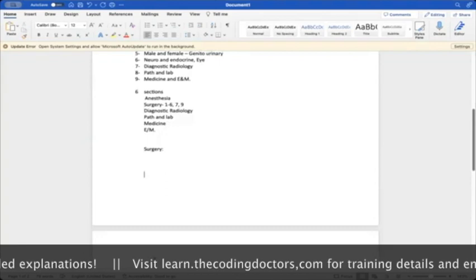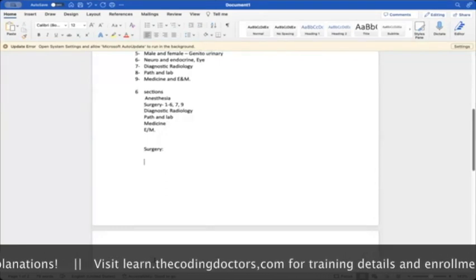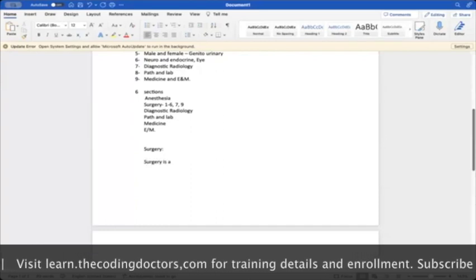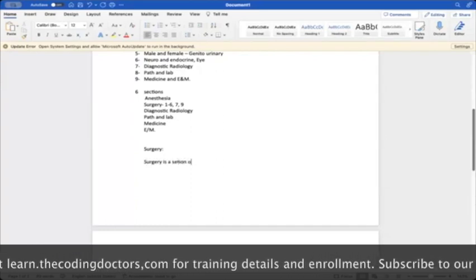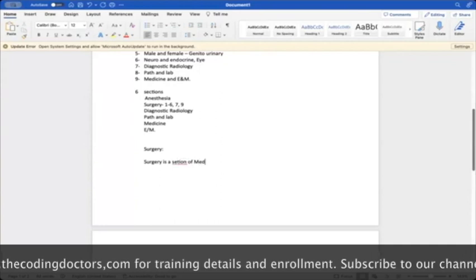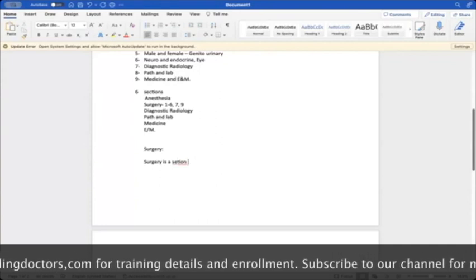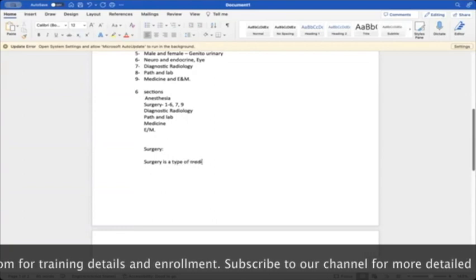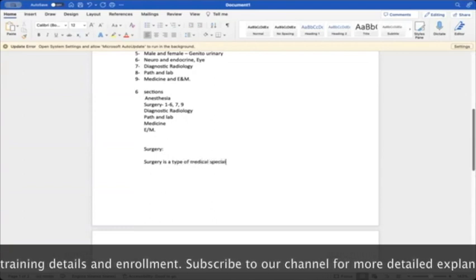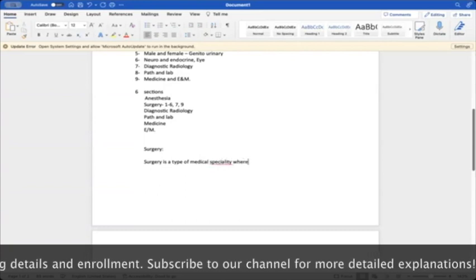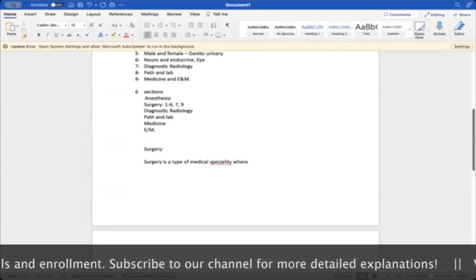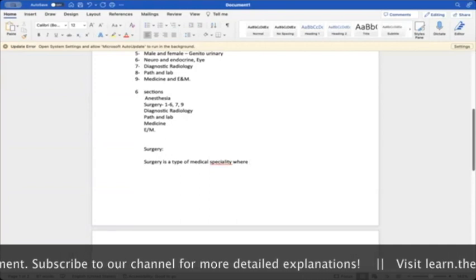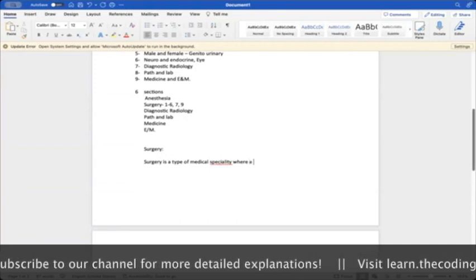Okay. So surgery definition. While coming to surgery definition, surgery is a section of CPT or medical section of CPT, or I can say a type of medical specialty. So who will perform surgery? Surgeon. So physician or surgeon.